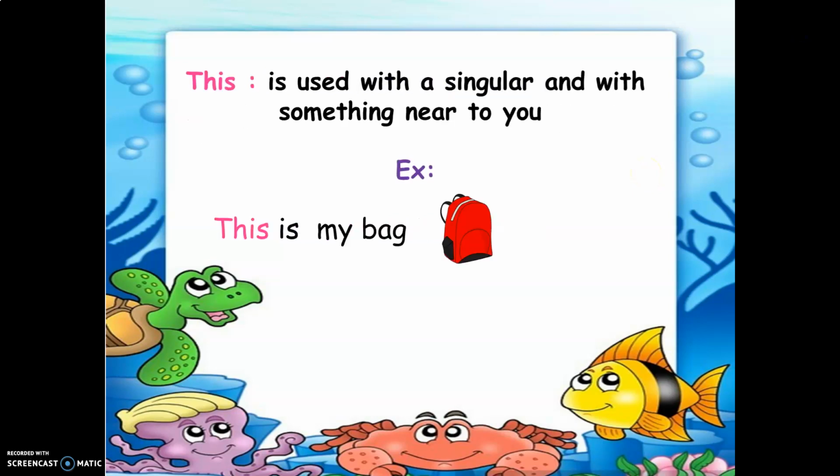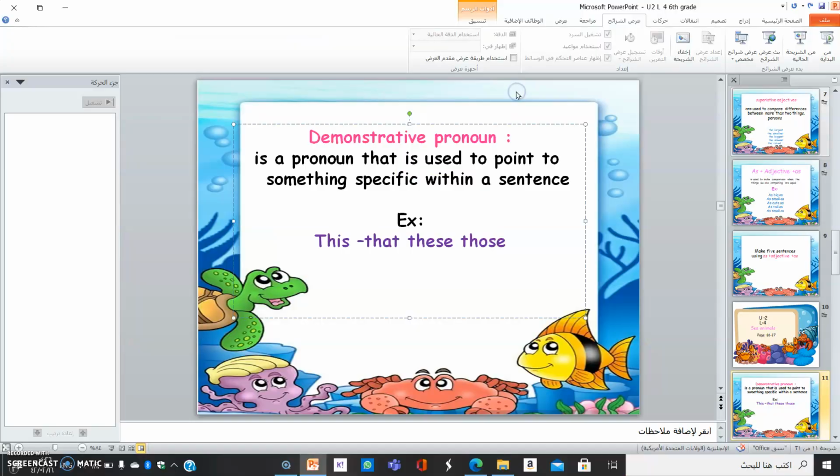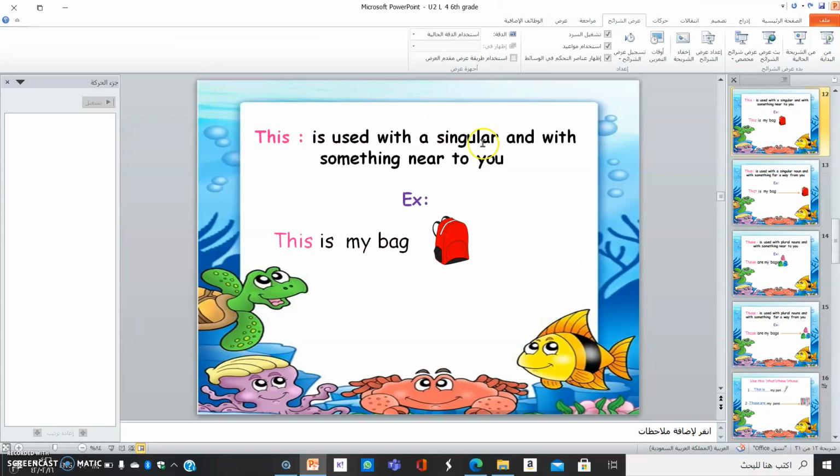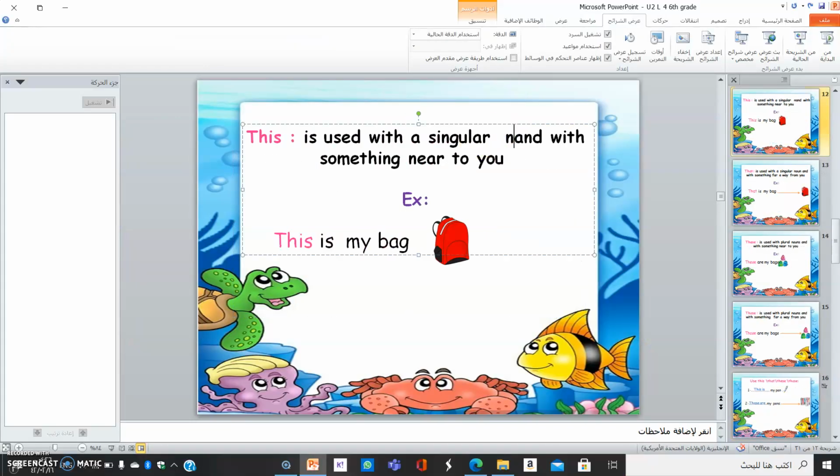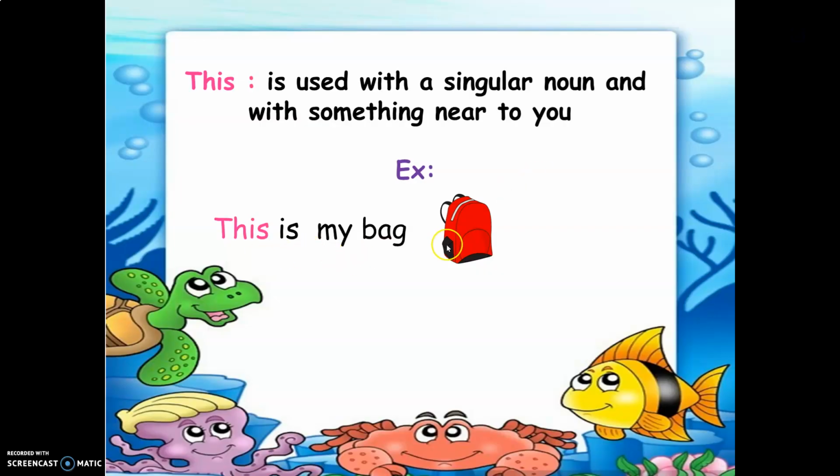Now we will have examples, but first of all we will discuss this. This is used with a singular noun, one noun, and with something near to you. For example, this is my bag. First of all, how many bags can you see?